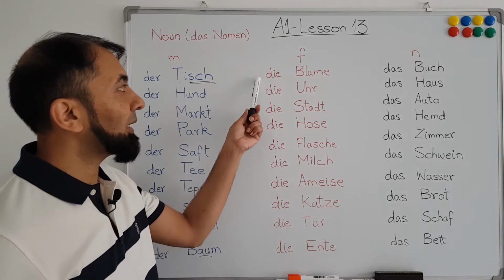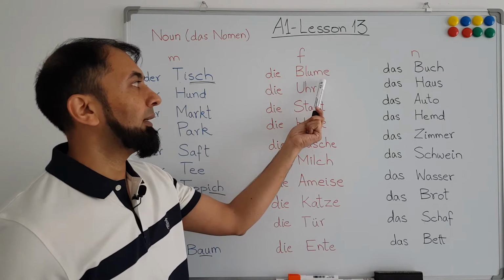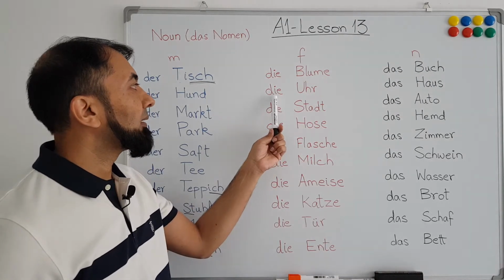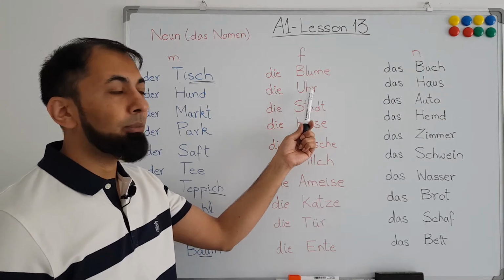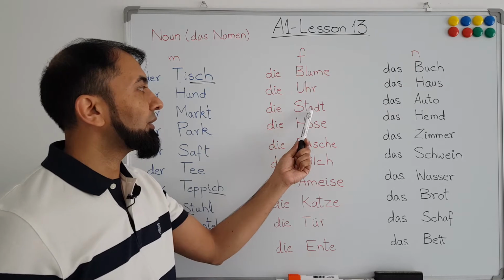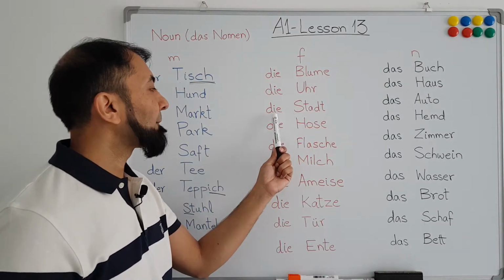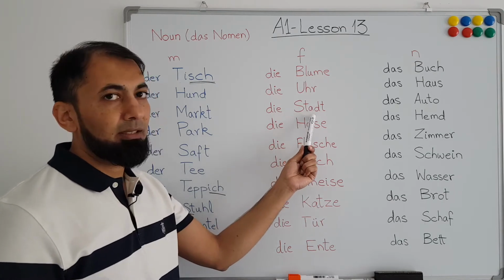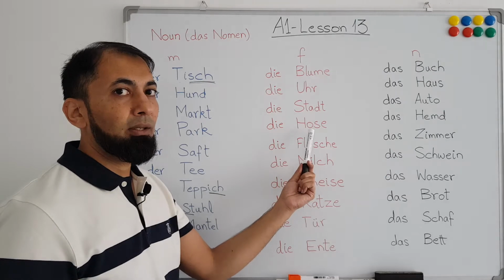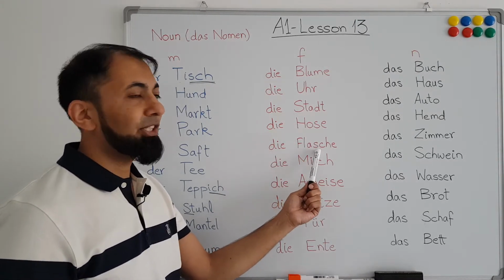Let's move to the feminine nouns. Die Blume. Blume in German language is flower. Die Uhr. Uhr is watch. Or time is also called Uhr. Die Stadt, the city. Die Hose. Hose means pants. Die Flasche.